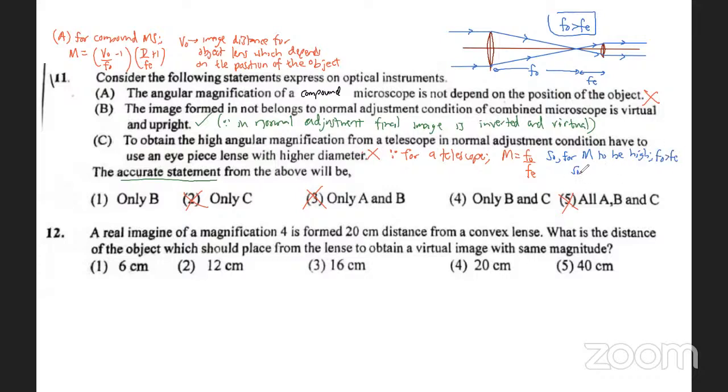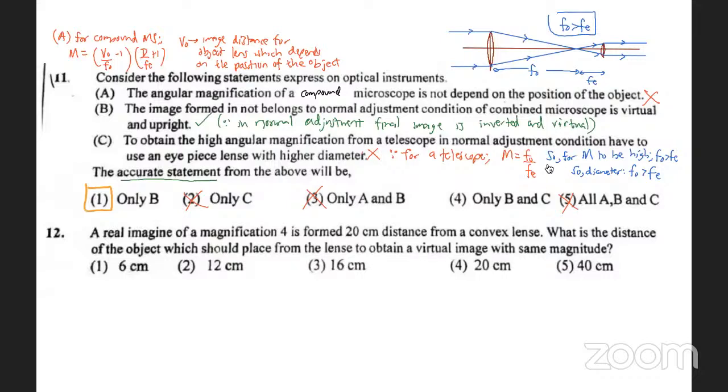So the diameter of FO must be bigger than FE, but they are saying the other way around, no? Eye lens with higher diameter, wrong. It should be the object lens which has the higher diameter. Therefore the answer is only B, the first one, only B.